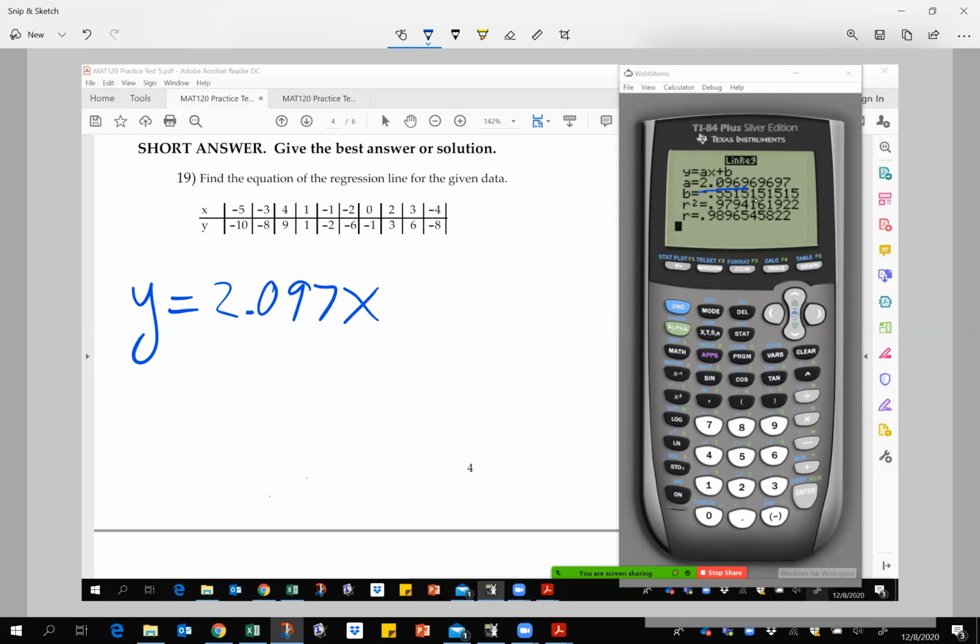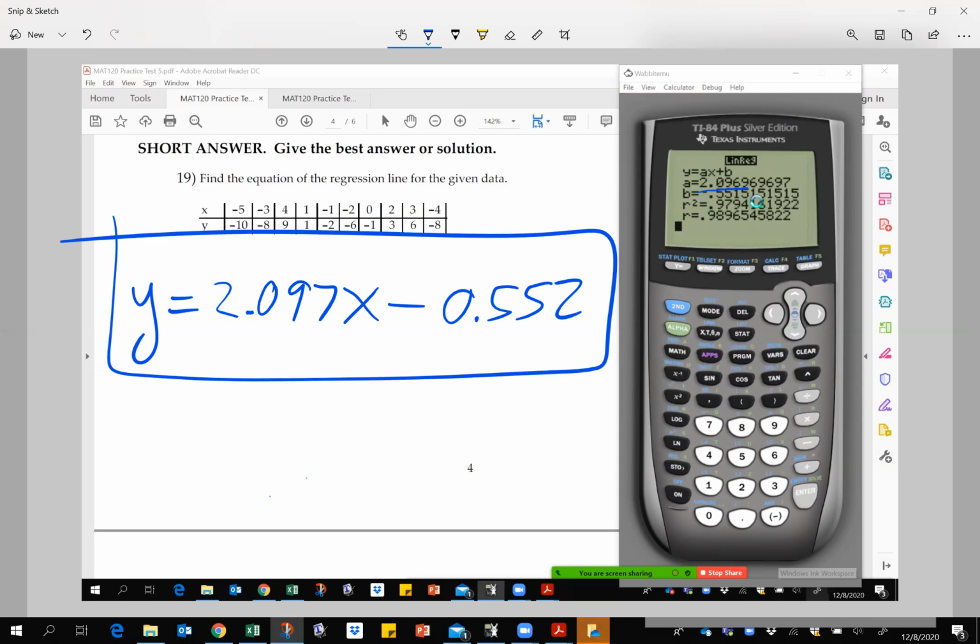And now we need to add b. b is a negative 0.552. And that right there would be the equation of our regression equation. Does anybody have any questions on using the linear regression tool to find the regression equation?